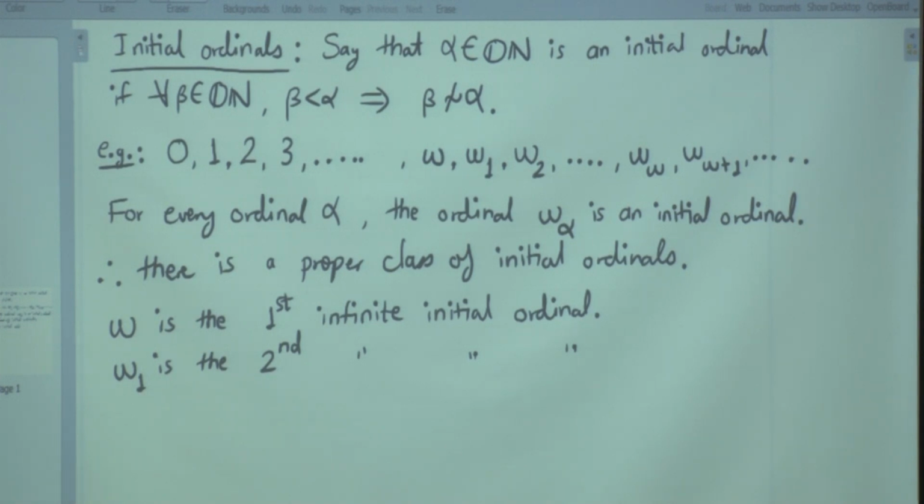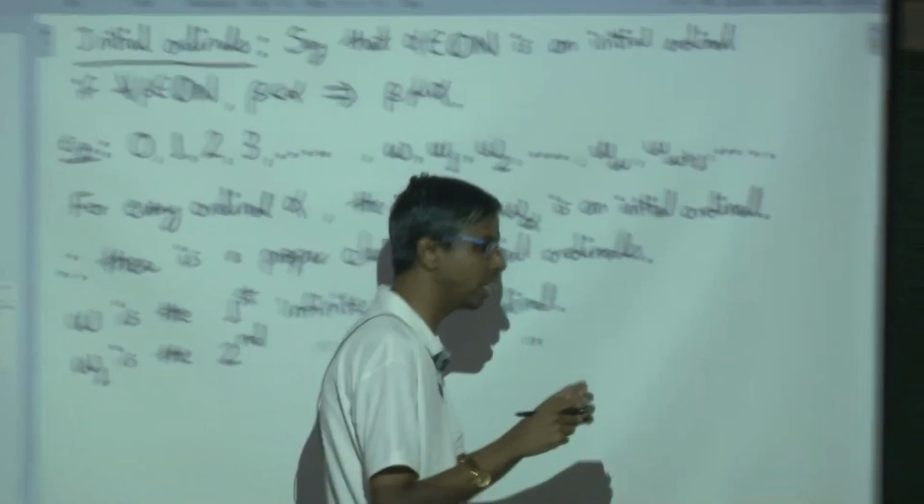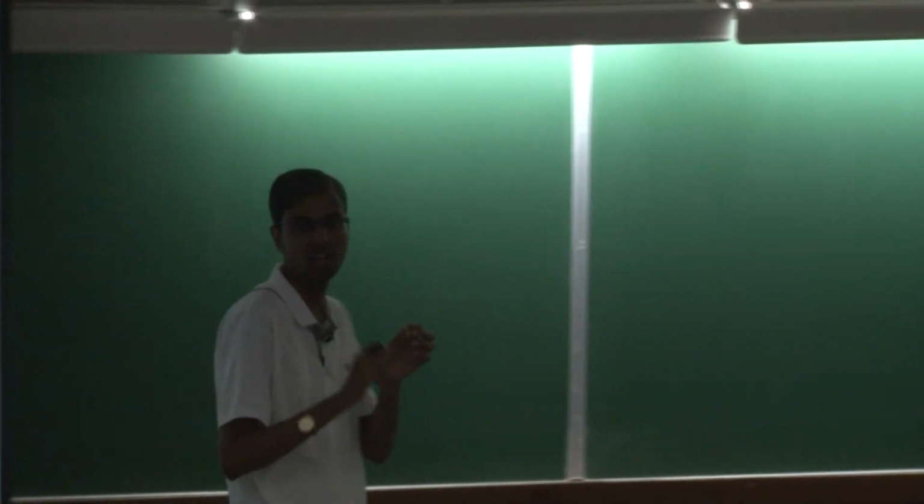Omega sub omega 1 won't be countable, so you can't list them again. What won't be countable? The subscript of omega 1. It won't be countable, but still you can list it. Listing just means that I should be able to tell you that this is 0, this is first, and so on.